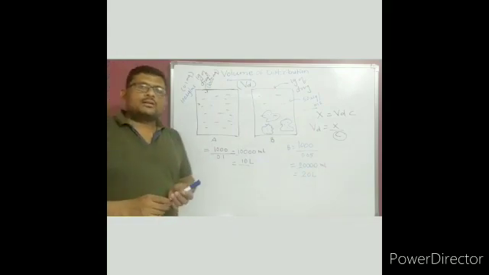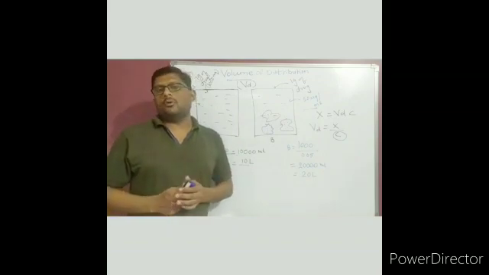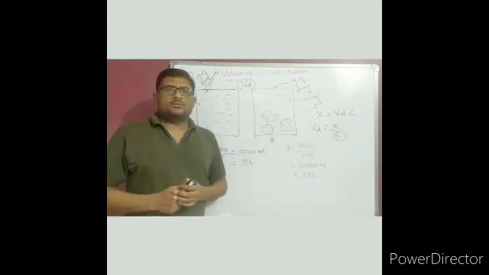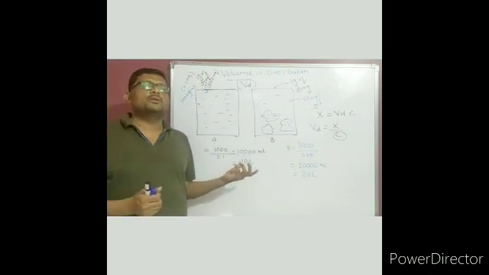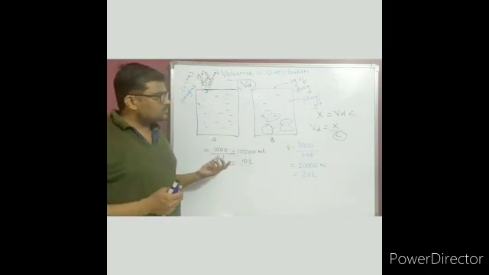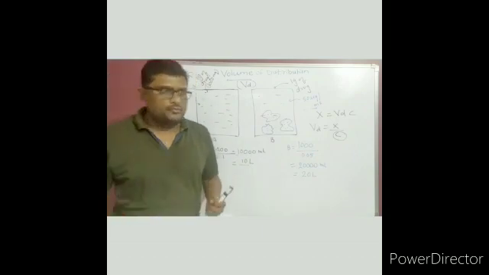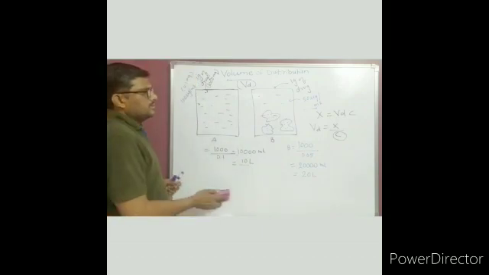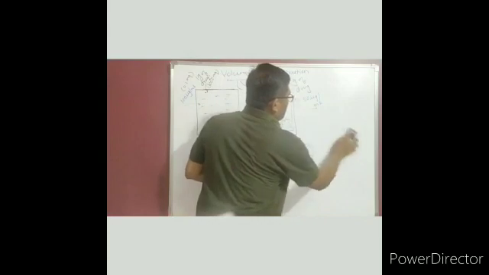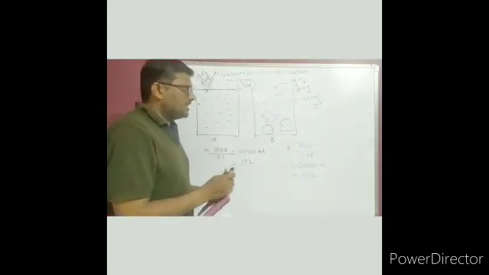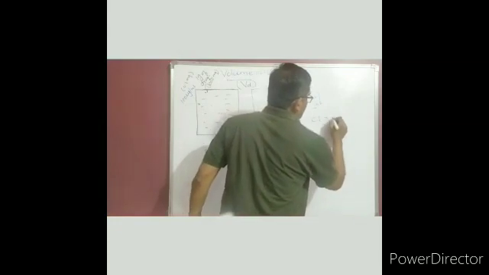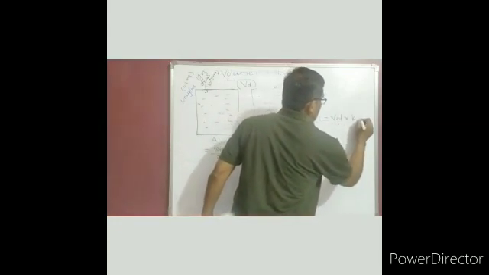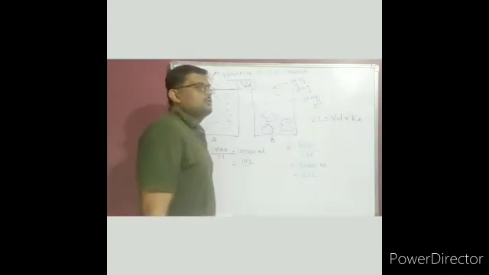Now we'll see the applications of volume of distribution. It is used to estimate the loading dose. Secondly, it is used to estimate clearance: clearance is equal to VD into Ke, the elimination rate constant.